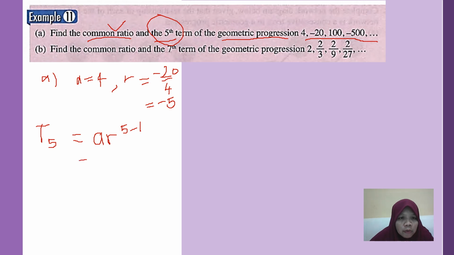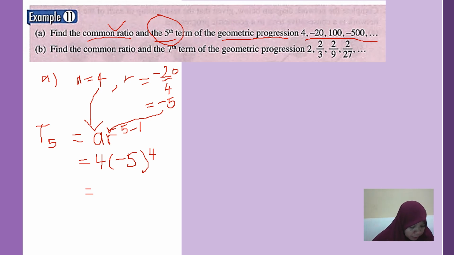Use the formula: a is 4, substitute here, and r is negative 5, substitute here. So 4 times negative 5 to the power of 4. Just use your calculator and you get T5 is 2500. So that's the answer.